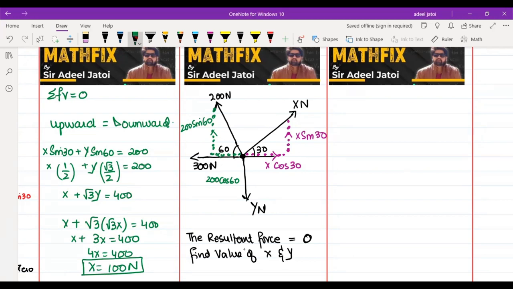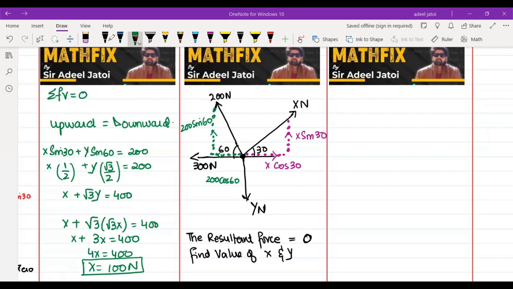So in total there are two upward forces and one downward force. There is one force acting towards right, but two forces acting towards left, which are 300 and 200. So let's work upon the horizontal force, and then we can work upon the vertical force again.